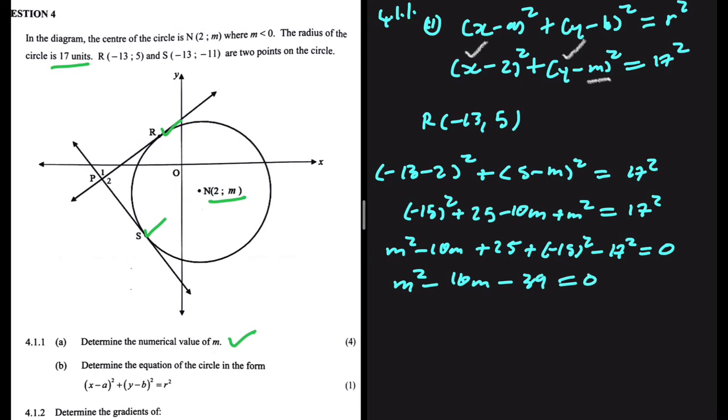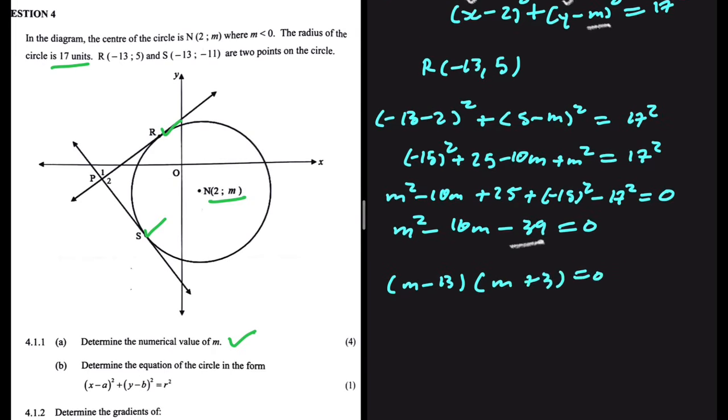So we're factorizing this equation here. The question to ask ourselves, which two numbers do we multiply and get minus 39, but when we add them, we get minus 10? That is minus 13 and plus 3. So we're going to have (m minus 13) multiplied by (m plus 3) being equals to 0. m is equals to 13 or m is equals to minus 3.